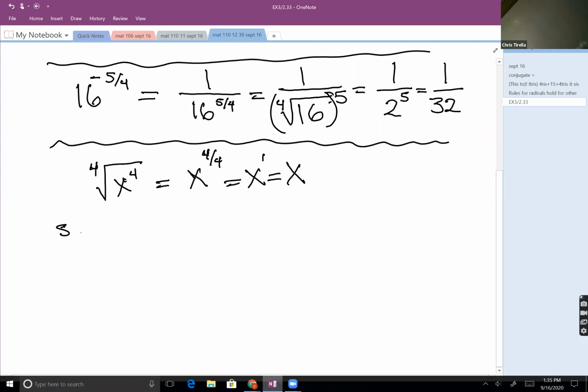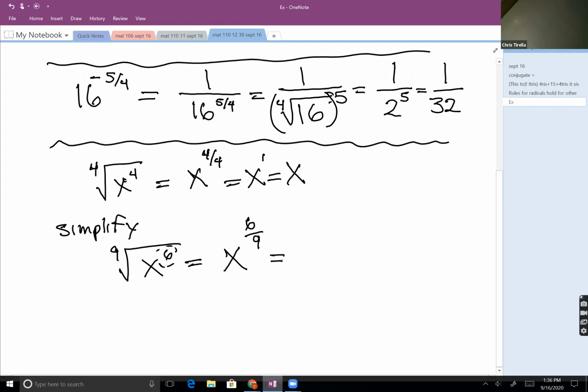If I asked you to simplify the 9th root of x to the 6th, if I were to rewrite that as a fraction, the exponent goes in the numerator, the index goes in the denominator, and so I've got x to the 6/9.